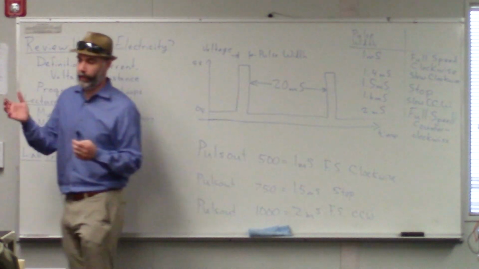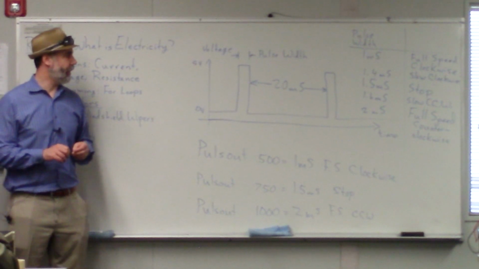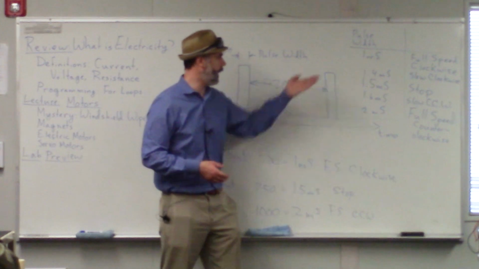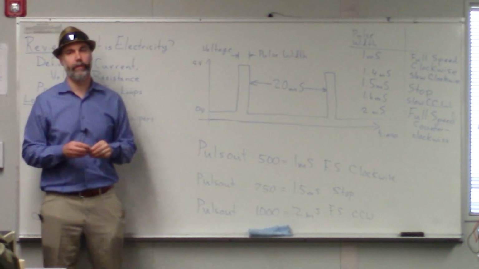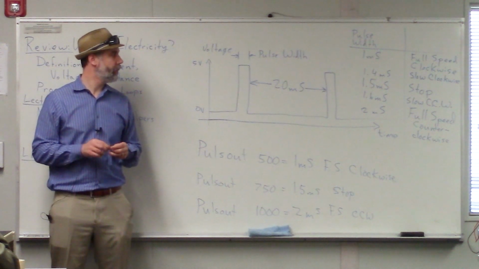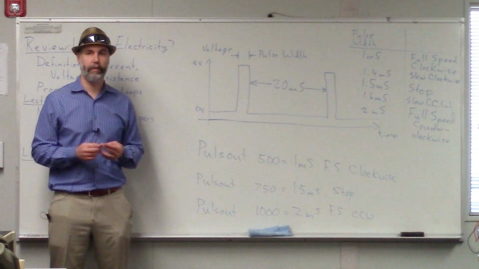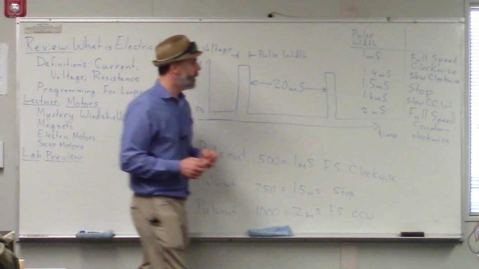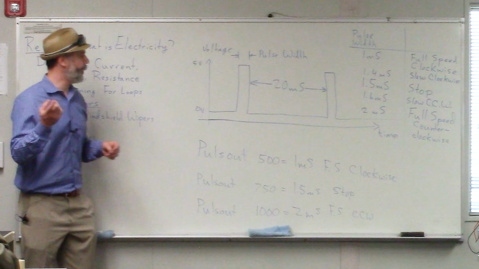And then you can go in and play around with what time you send, but you can't change the protocol. Yeah, I have a quick question on the first one, 1 millisecond, full speed clockwise. And the 2 millisecond is full speed counterclockwise? Yeah, it's just the opposite direction.